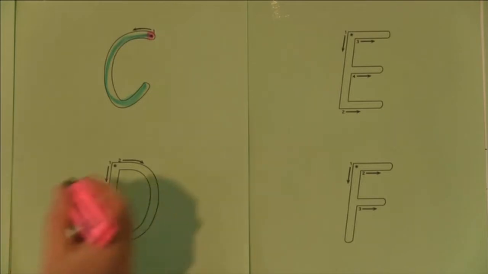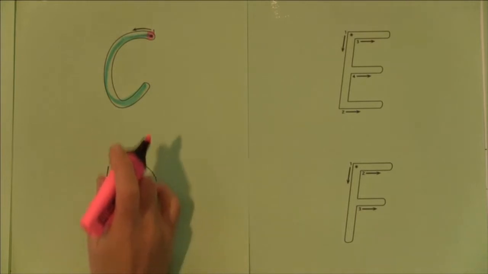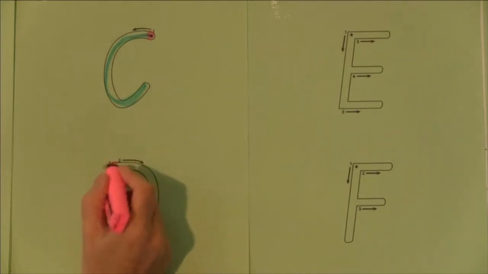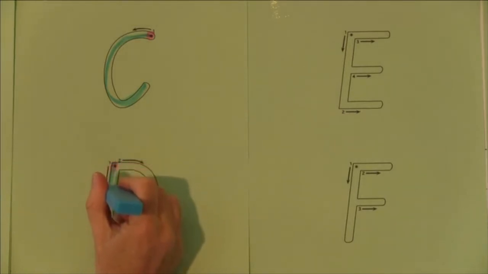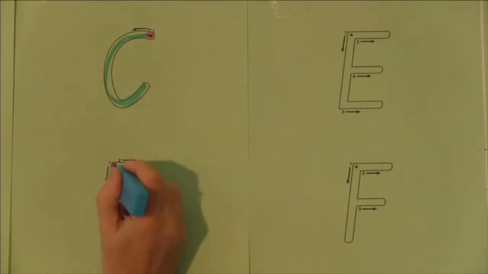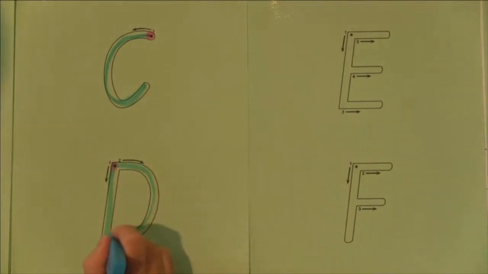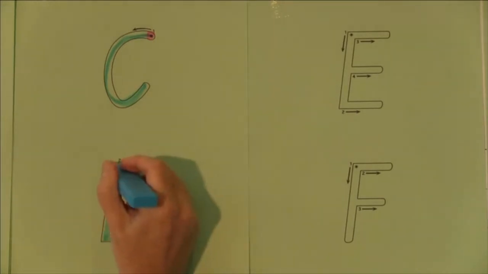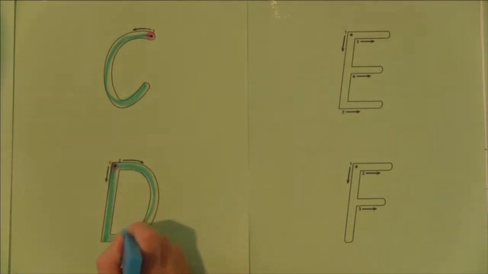Now D, again, see how it's got this stick on the left hand side? There's the dot. It tells you that you generally start there. And then you do the bit that sticks out the side. So there's D. So down first, around second.